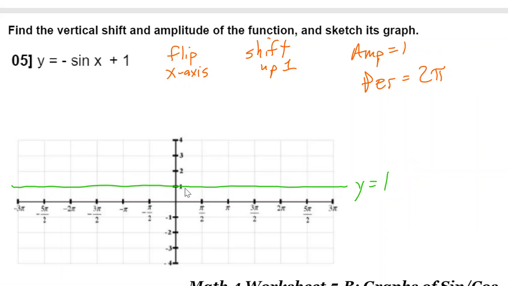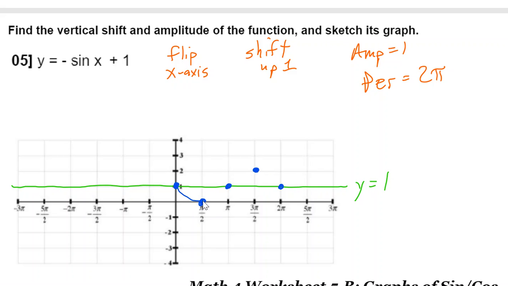Then, let's see, now this is a sine, so it's going to start here, finish there, and it's going to cross the middle. But this is flipping on the x-axis, which means it's not going to go up then down. It's actually going to go down amplitude 1, and then go up amplitude 1.